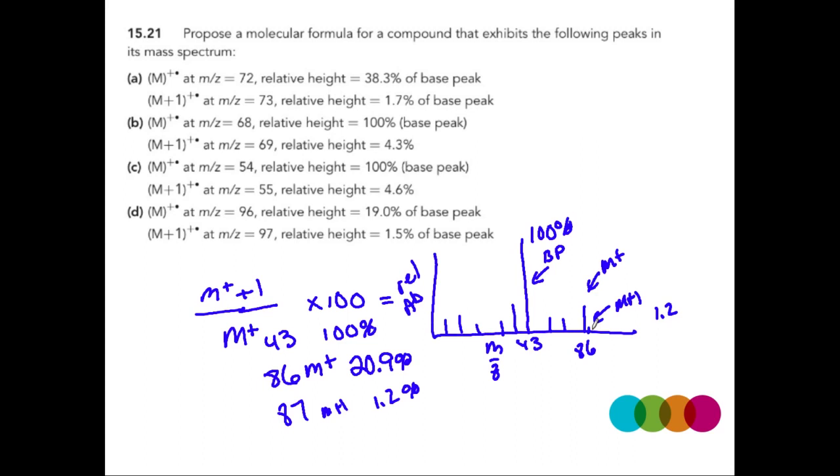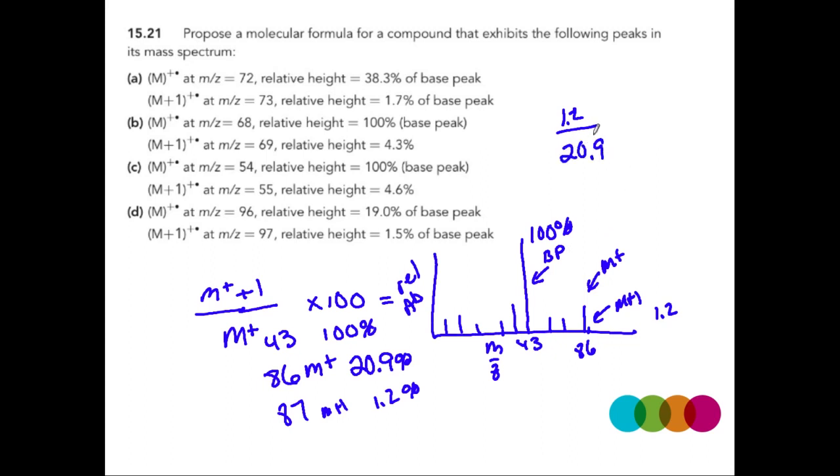What does that mean? It means that I need the height of the M+1 peak relative to the M+ peak, not the base peak. But I have the height of the M+1 peak relative to the base peak. So I take that 1.2 and divide it by the height of the molecular ion peak relative to the base peak, which is 20.9.